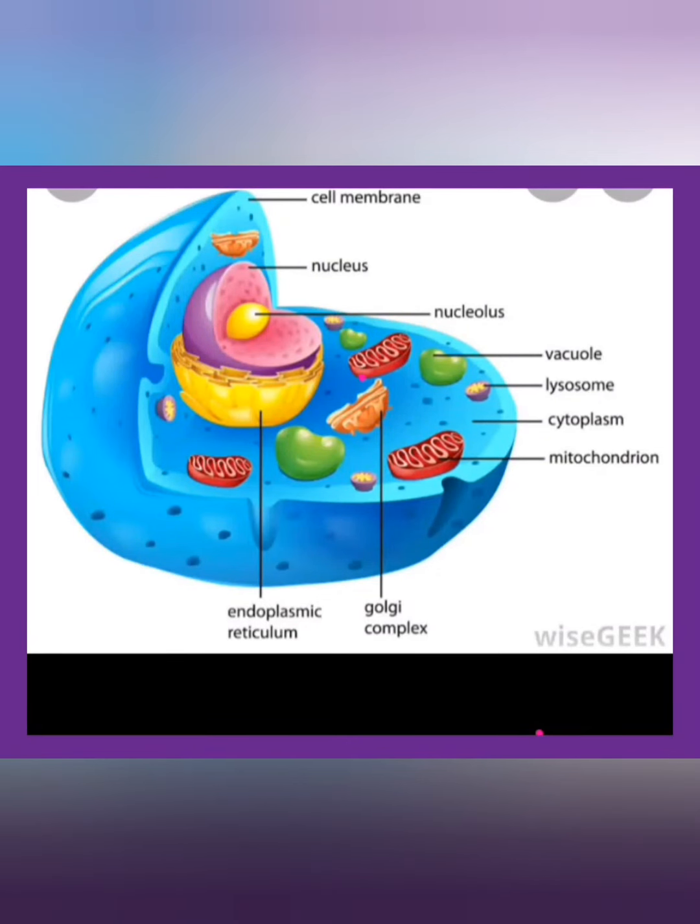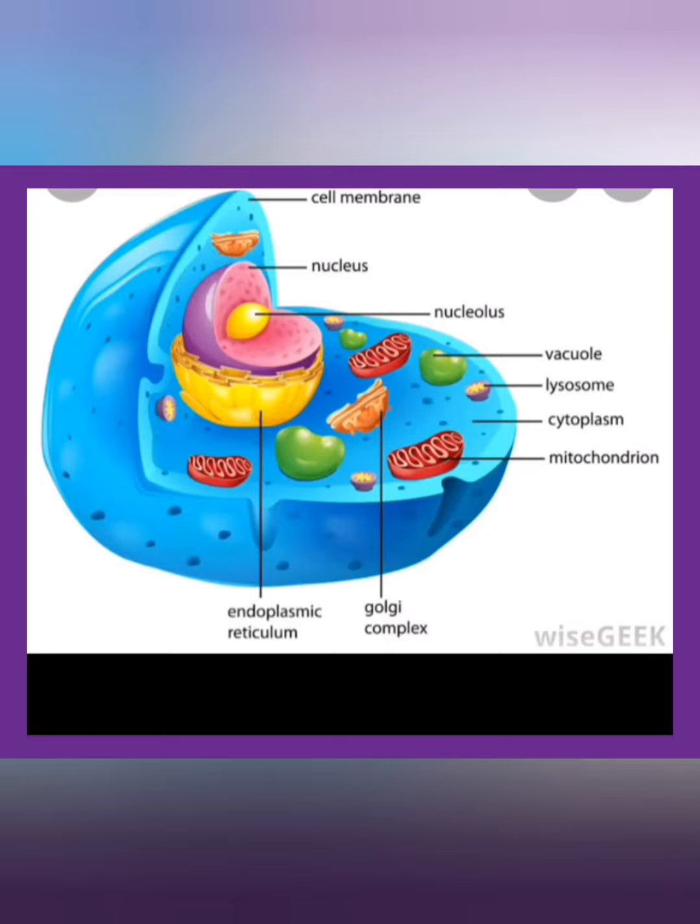So we have learnt about some basic structures common to the plant cell and animal cell. That is, we have learnt about nucleus, cytoplasm and cell membrane. Okay, these 3 points. Now we shall move to other cell organelles in the cell.